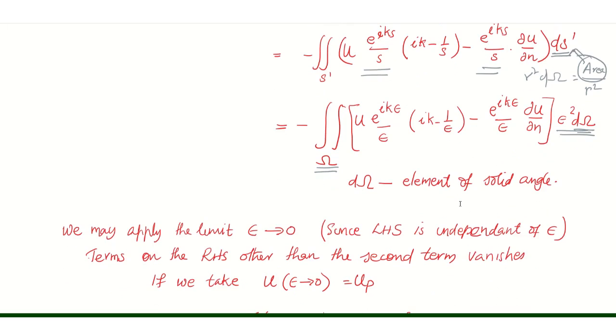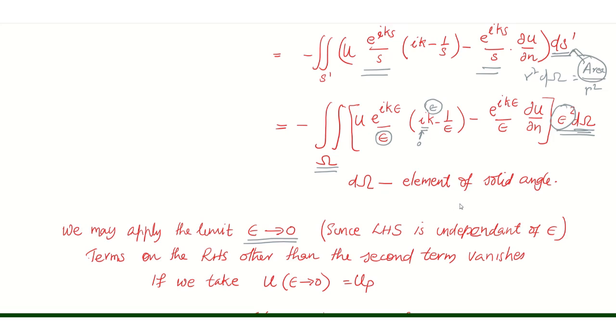And now let us apply the limit. We want to make this sphere as small as possible. We want to take epsilon going to 0. Here in the first term we will have an epsilon, because this epsilon square times this 1 by epsilon will give you an epsilon remaining on the numerator, and if that epsilon goes to 0, this term will go to 0.